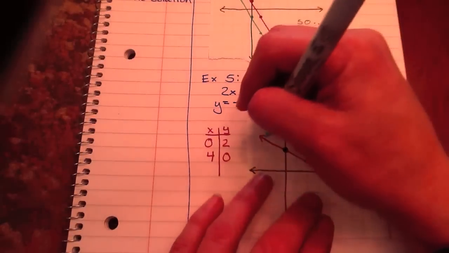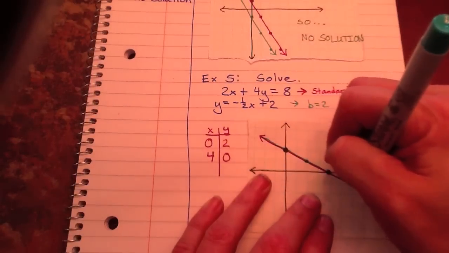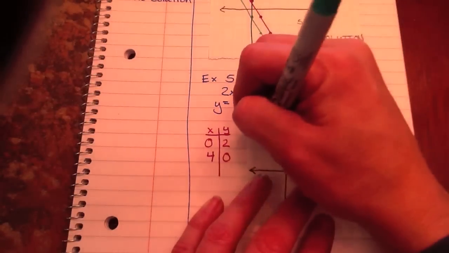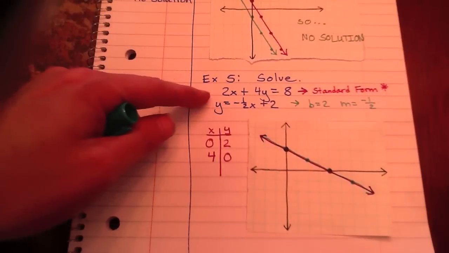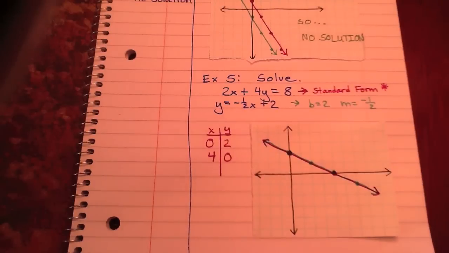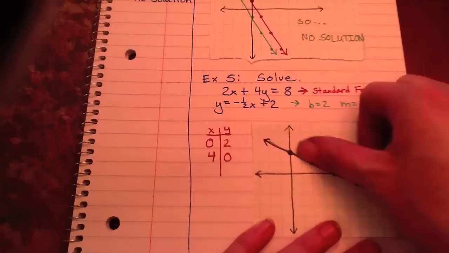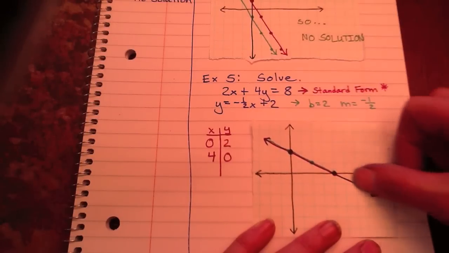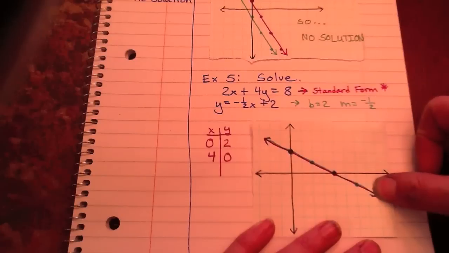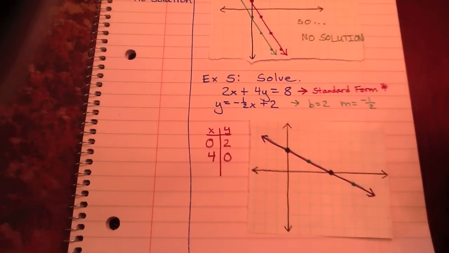When you go to connect these lines, you end up with exactly the same line. So in this case, you have the same line just shown in 2 different forms. So what do you think your solution is going to be here? Hopefully you thought about it and you realized all solutions. They don't just cross at one point, they cross at every single point. No matter what point you choose from this line to plug in, every single time you plug a point from that line in, they're both going to balance out.